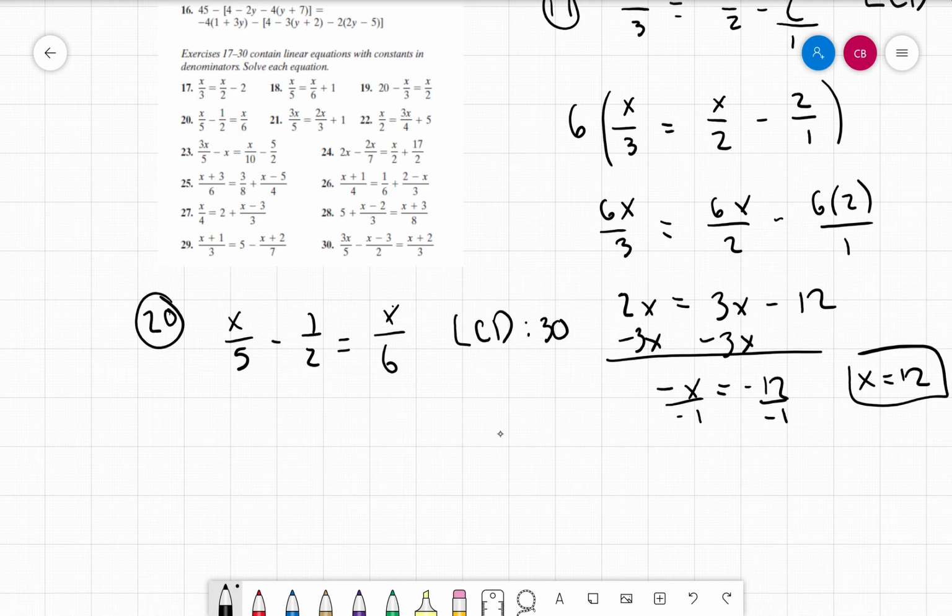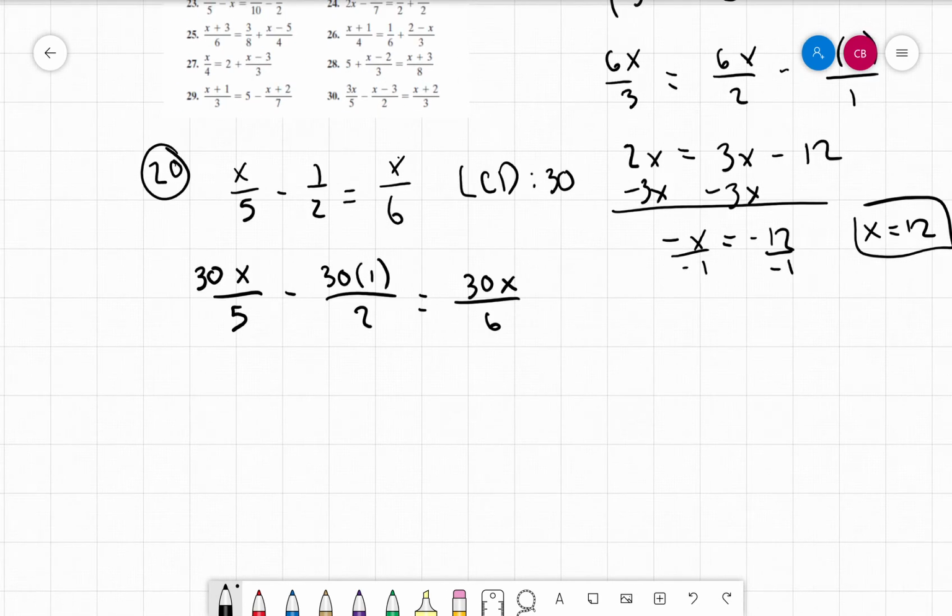So we're going to multiply everything by 30. 30x over 5 minus 30 times 1 over 2 is equal to 30x over 6. 30 divided by 5 is 6x, minus 30 divided by 2 is 15, is equal to 30x divided by 6, which is 5x.